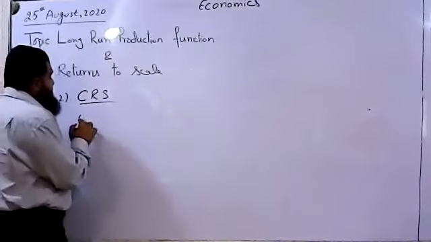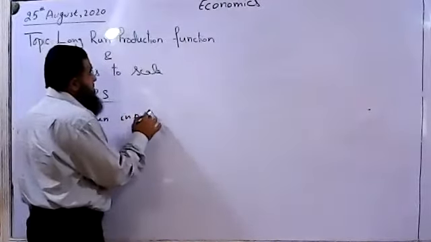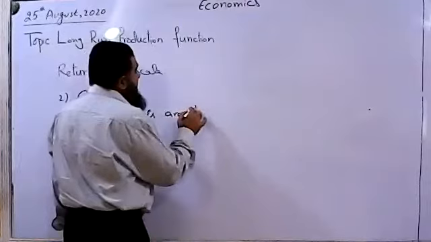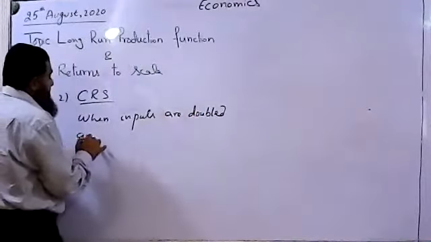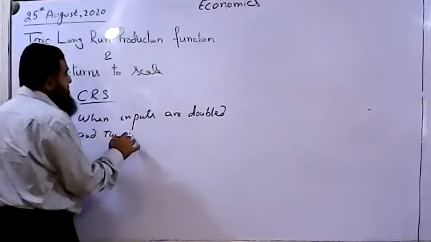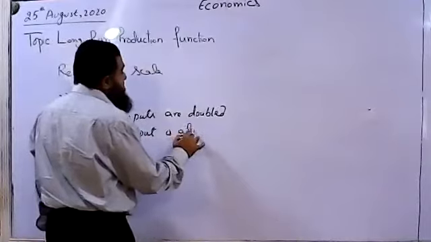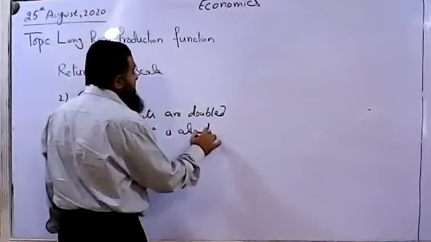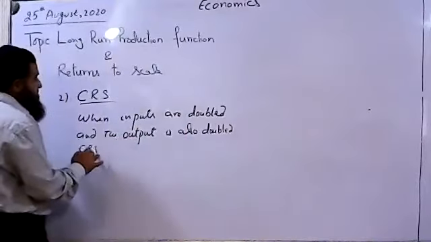When inputs are doubled and the output is also doubled, not greater or less in proportion, we say this is called CRS.